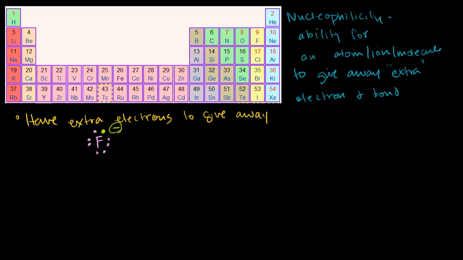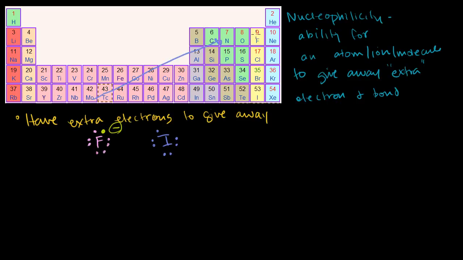Chlorine can become chloride, bromine can be bromide, iodine could be iodide. Let me do iodine too. Iodine, once again, is a halide. It has 7 valence electrons, and many, many more electrons than fluorine, but if you just look at its valence shell, it has 7. It is also reasonably electronegative, not as electronegative as fluorine. Remember, the trend goes from the bottom left to the top right.